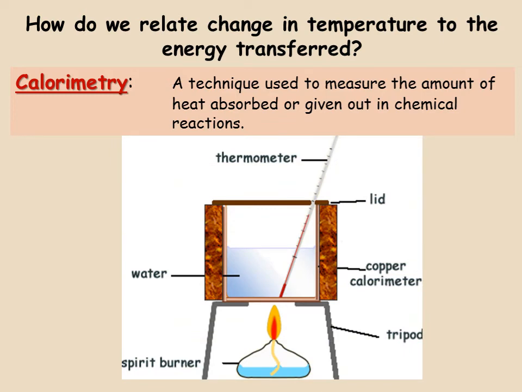This is a simple apparatus in which we use a copper lined beaker, which we cover with the lid, and we use the thermometer. It is placed on the spirit burner, so the water gets slowly heated up and we can measure the temperature rise, from initial to final temperature. Okay children, this is the simple calorimeter.